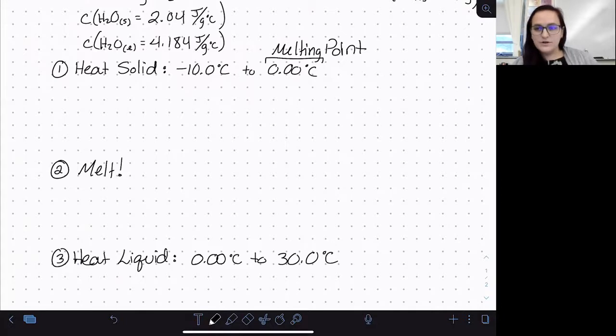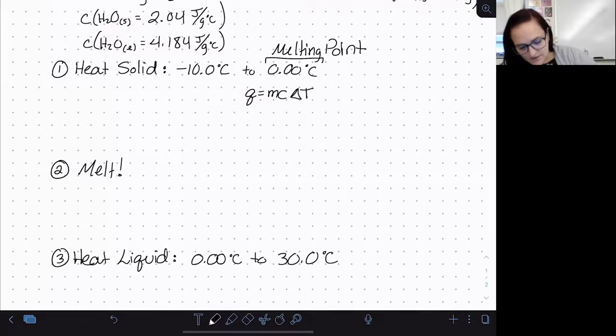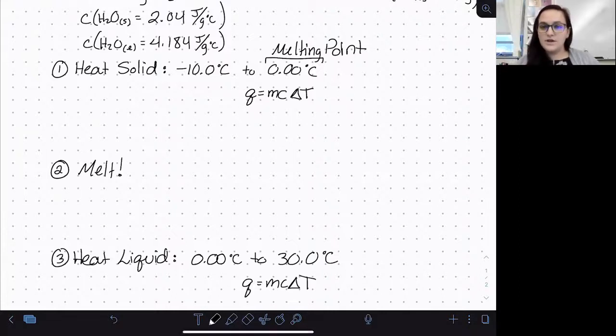So anytime that you are changing the temperature is a Q equals mc delta T. So we'll be using that relationship for steps 1 and 3, because that is where our temperature is changing. And then for the melting process itself is where we need to use the heat of fusion.